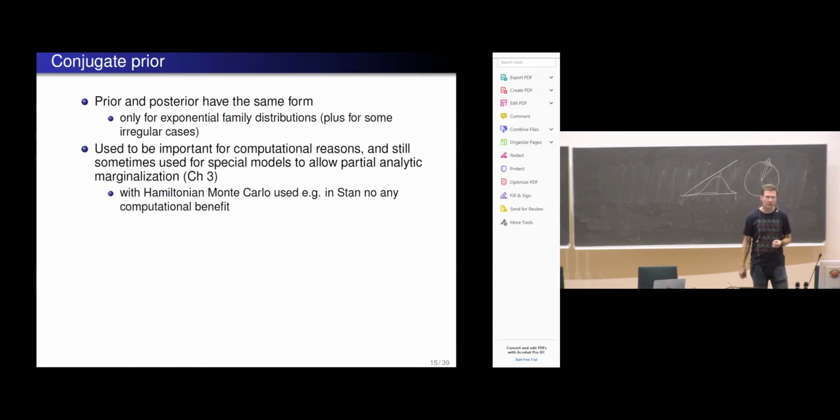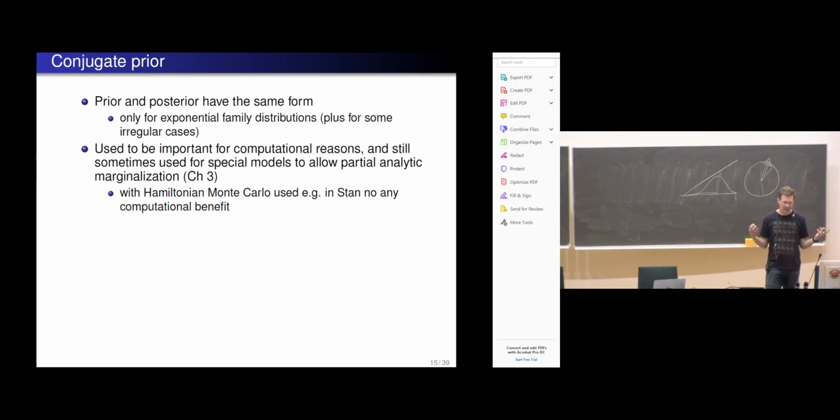Also, the first probabilistic programming framework, BUGS, which started in the beginning of the 1990s, had computation based much on these conjugate priors, and then later we come to Gibbs sampling, which can be made efficient with these conjugate priors.